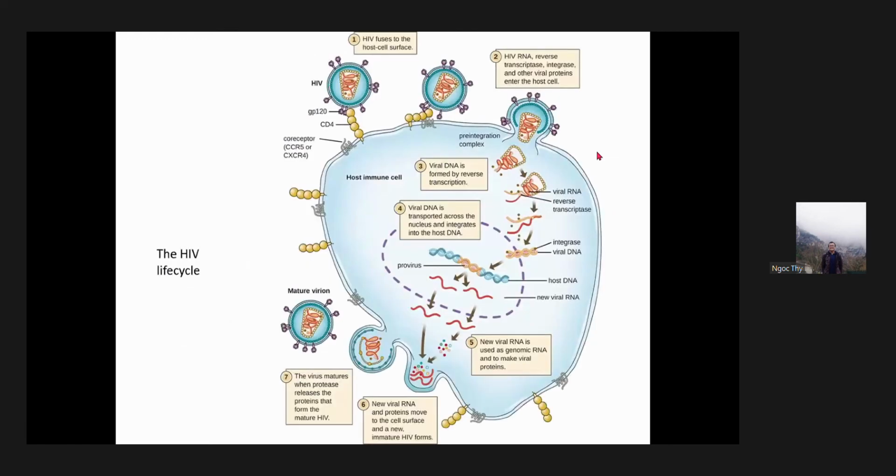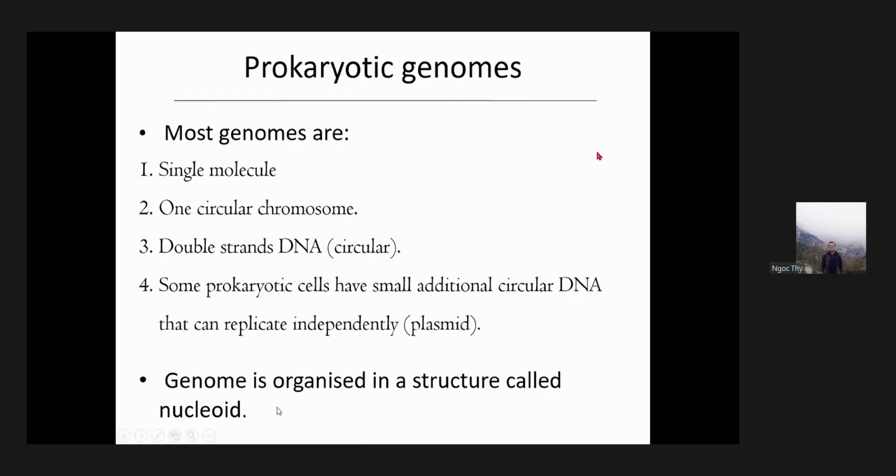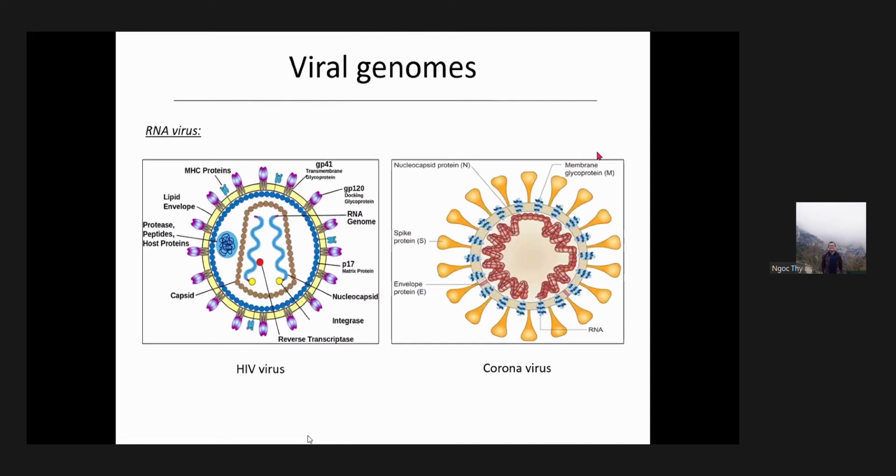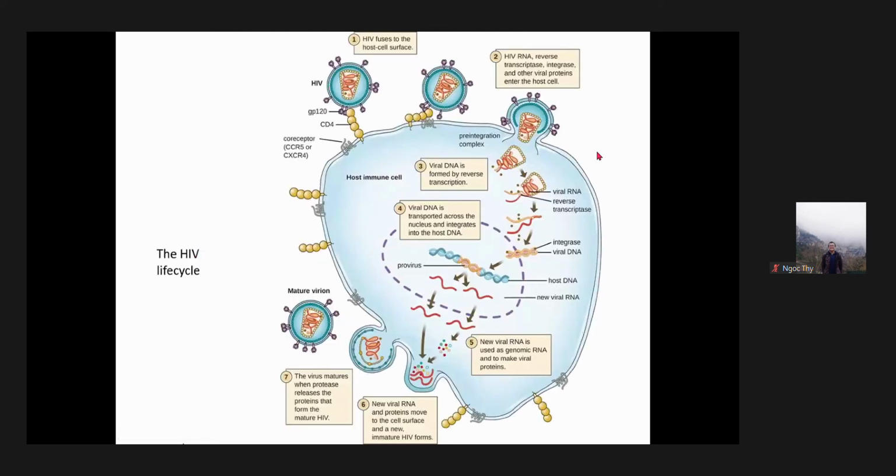So let's come to the infectious pathway of one virus, HIV. In the protein envelope of the HIV virus, there is a receptor called GP120.